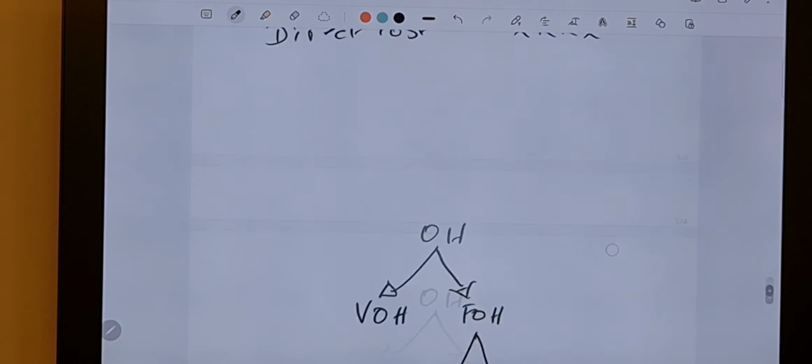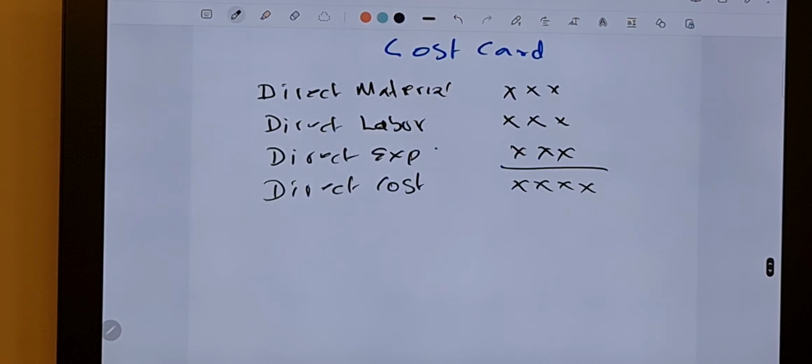Therefore, I will come back now here. To the direct cost, I will add all production related overheads. Direct cost plus production related overheads. Examples of production related overheads: salary of a supervisor, depreciation of factory machineries, rent of a factory.